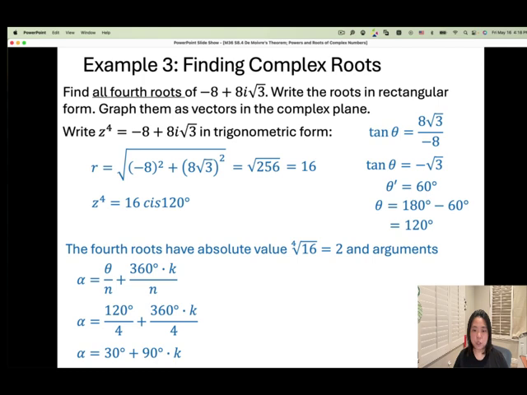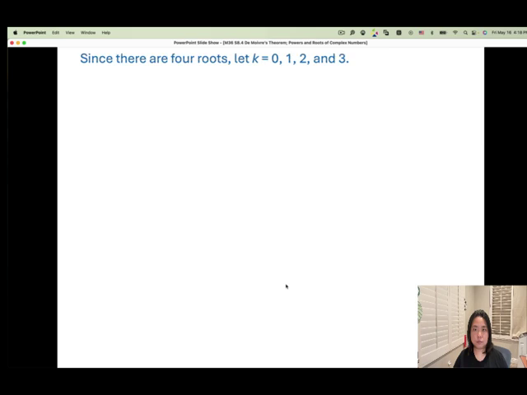And then think about it. What is your k equal to? Your n equal to 4, so k will be equal to 0, 1, 2, 3. Okay, 4 of them. So plug it in one by one. The first one, when k equal to 0, alpha will be equal to 30 degrees.